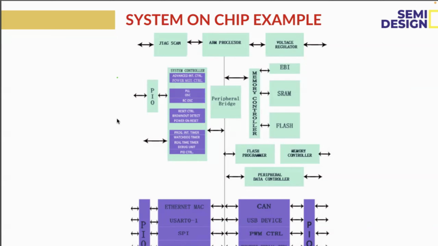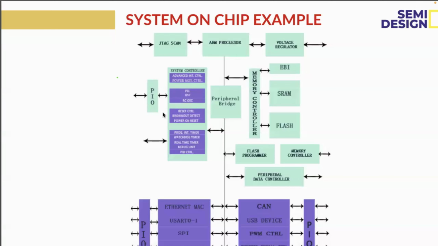We can use any x86 or ARM processor or AMD Ryzen processor. There is a voltage regulator, peripheral bridges for peripheral interconnect, and a system controller. It has timing blocks, PLL, oscillators, RC oscillator, reset control, brownout detect, power on reset, watchdog timer, and real time timer. Everything we will discuss in the next session.